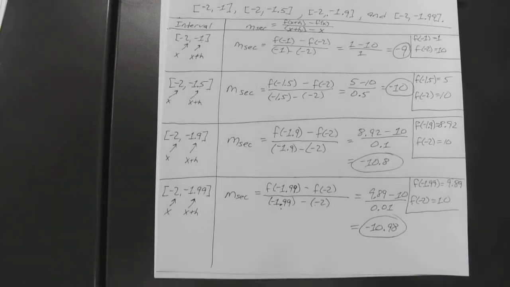Okay, so as you get closer and closer to negative 2, your value gets closer and closer to negative 11. So you can pretty much estimate that the instantaneous rate of change at negative 2 will be negative 11.